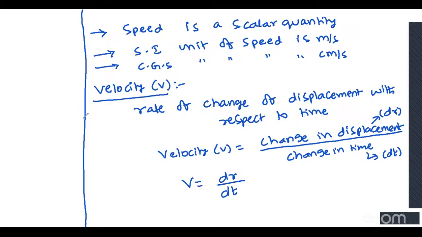Change in displacement means, suppose we consider the xy plane. Initially, the particle is at O. After some time, it has moved to 5 meters. What is the change in position?